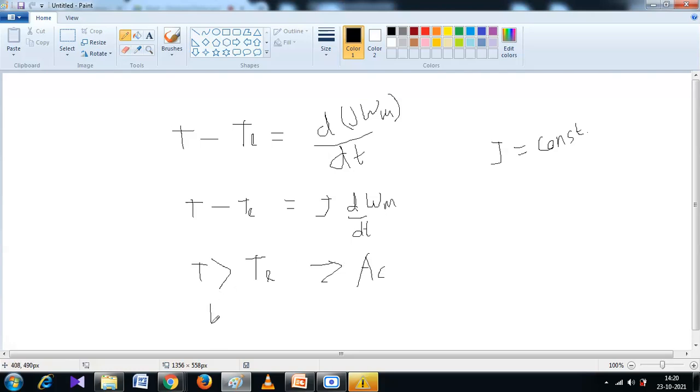And if T is less than TL, what will happen? Decelerating. Yeah, good. Then we can say that the fundamental torque equation is T minus TL is equal to J d/dt of omega m. I hope it is clear to you now.